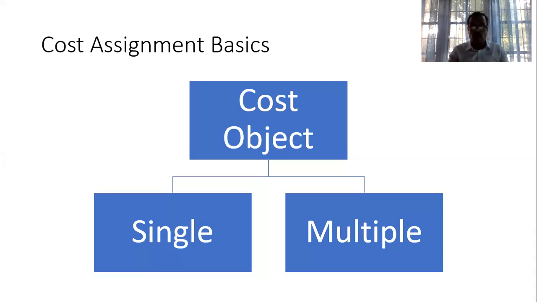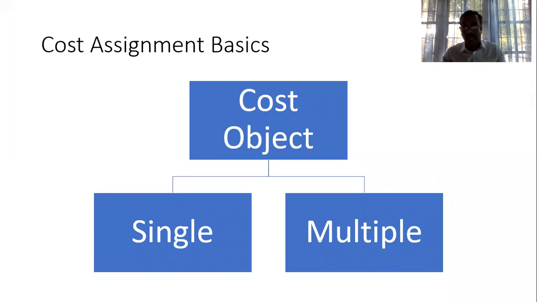Even the same mobile phone varies with the size of memory, different configurations, and even a minor change in configuration will result in a different product. So in real life, we deal with organizations which manufacture multiple products. Therefore, a single product is not a reality. Because of multiple products, cost assignment is not that easy.